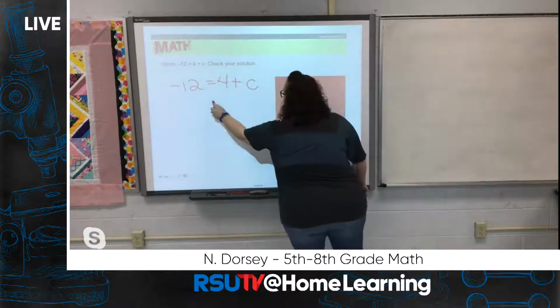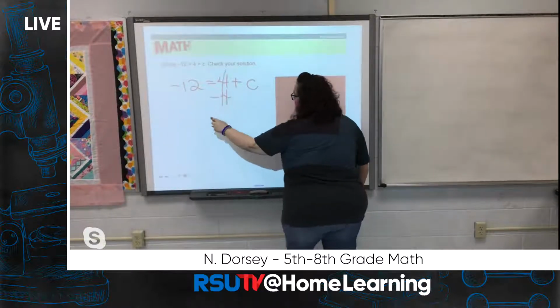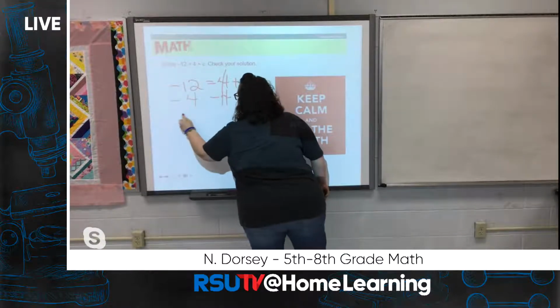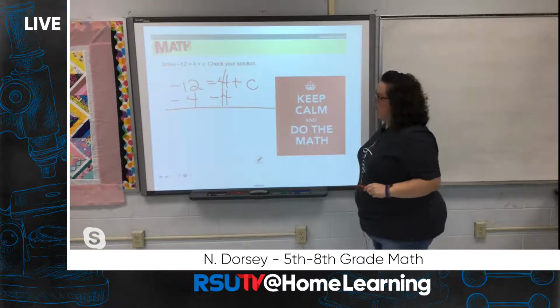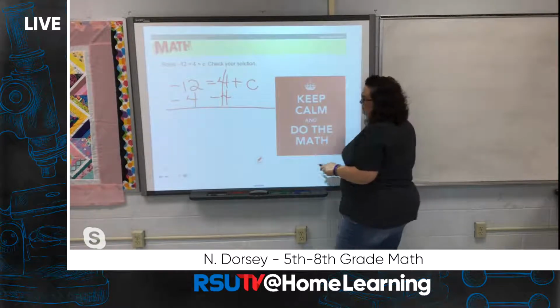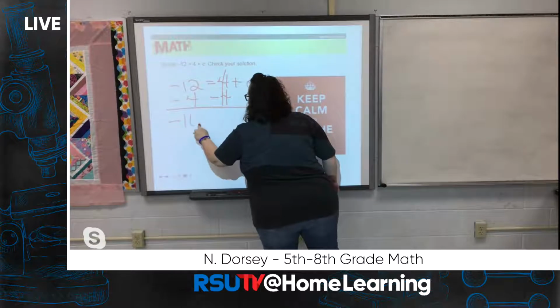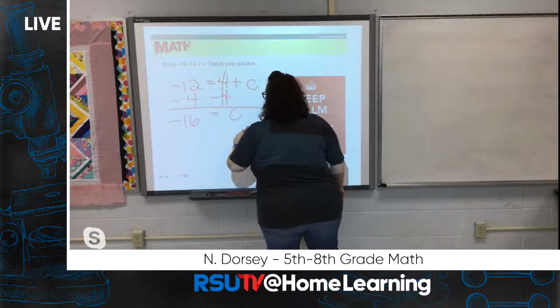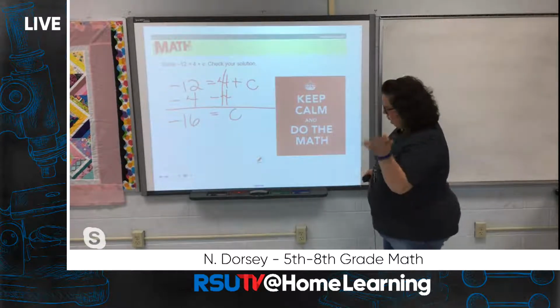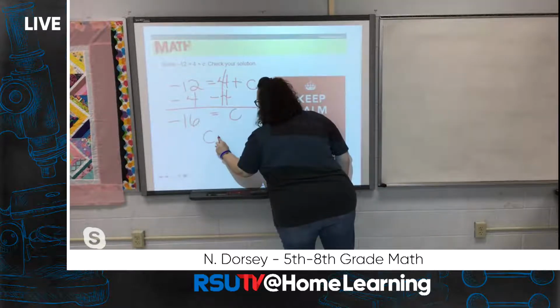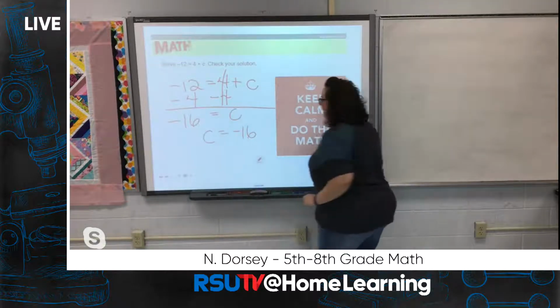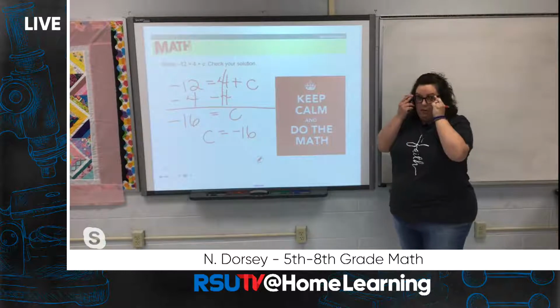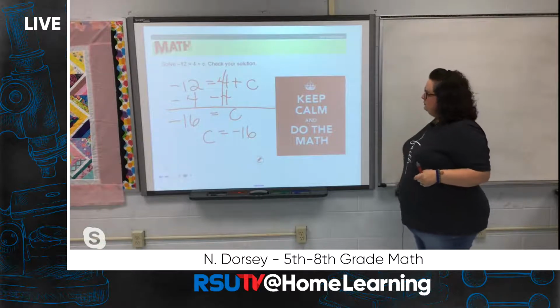So whatever works in your brain to help you understand what you're doing. And remember those integer rules. So my answer is negative 16 equals C. Yes, you're right. Rewrite it, Mrs. Dorsey. I can hear you guys at home saying it. I can't really hear you at home, but I'm imagining you are.